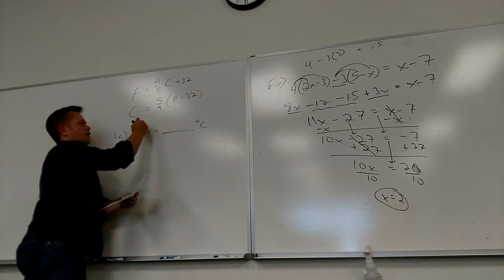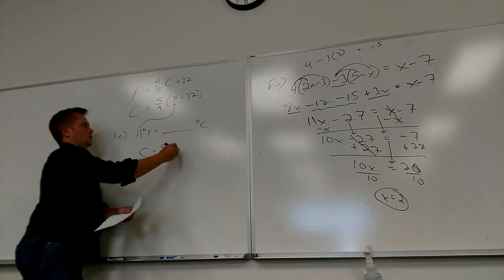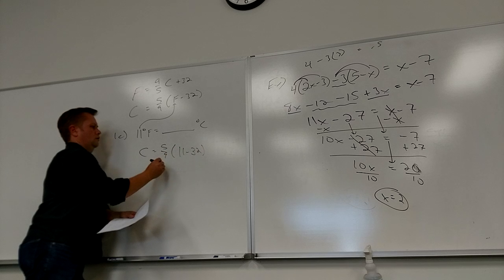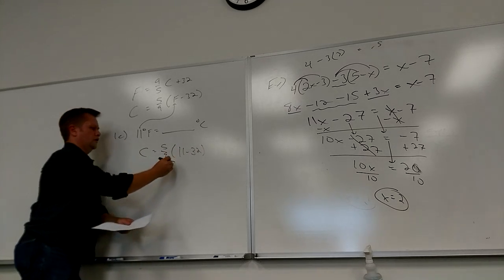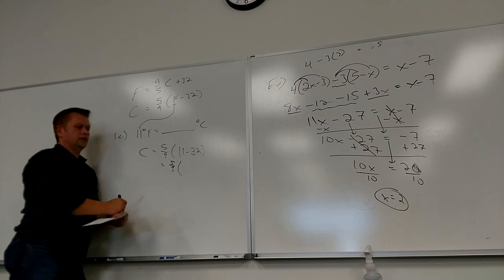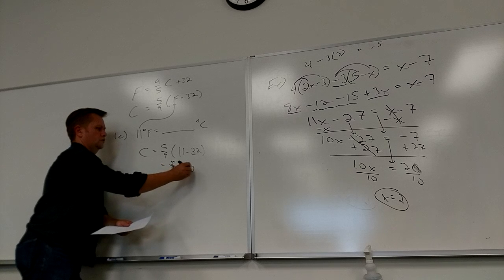So if I plug 11 in, then you get 5/9 times, what's 11 minus 32? Negative 21.